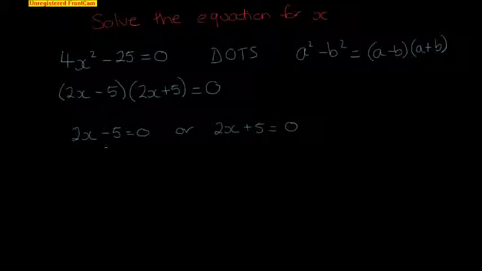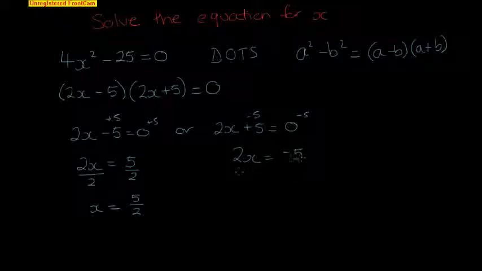First, for this one here, we can add 5 to both sides, so we get 2x is equal to 5. Next step would be to divide by 2 to cancel out the 2, so x is equal to 5 over 2. On this side we do the same thing, but obviously opposite, because we've got plus 5, so we have to take 5 from both sides, so we get 2x is equal to negative 5.